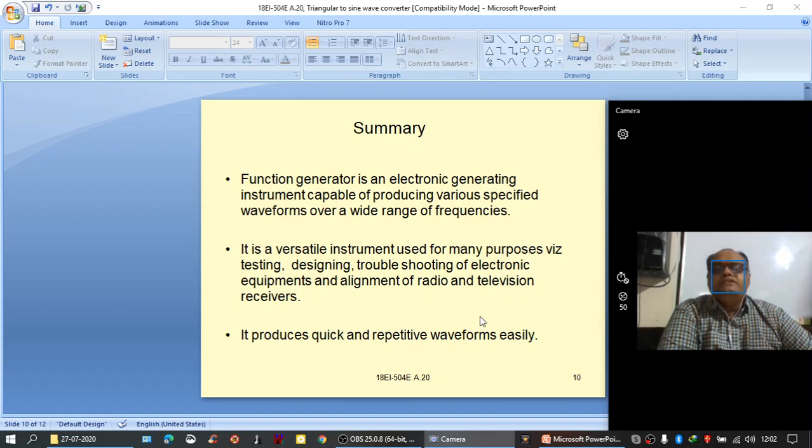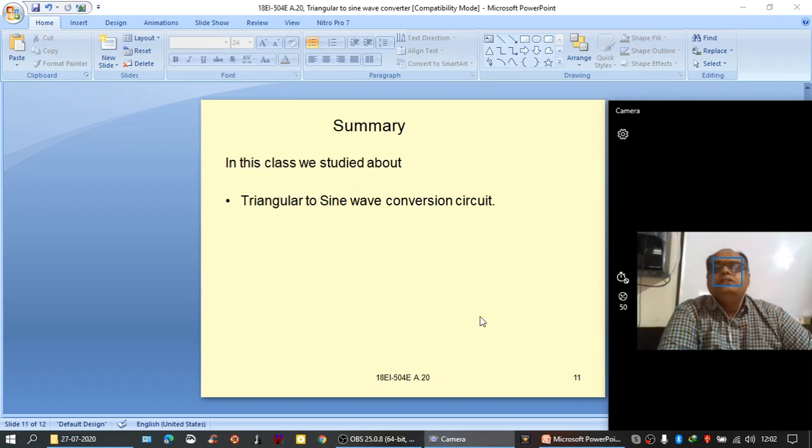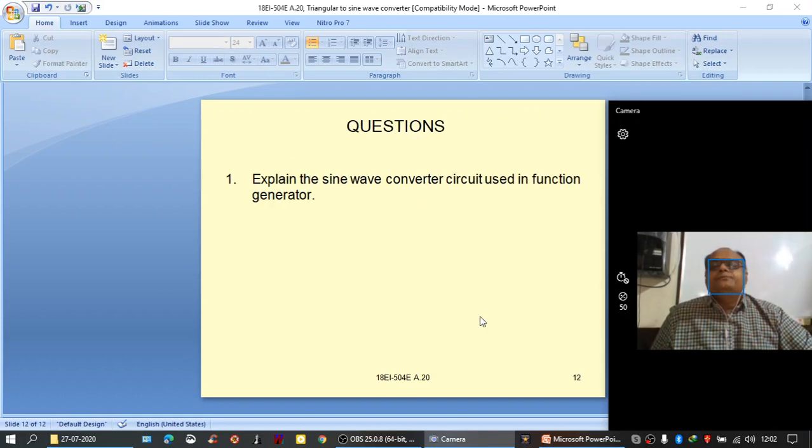It produces quick and repetitive waveforms easily. So that is all about the triangular wave to sine wave converter.